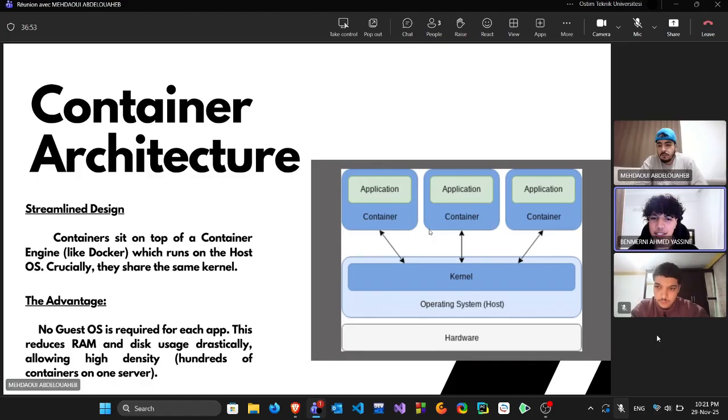We can notice that the apps sit on top without their own guest OS. They all share the same kernel. This architecture explains why containers are so efficient. They only package the application and its specific libraries, removing the heavy weight of the operating system.